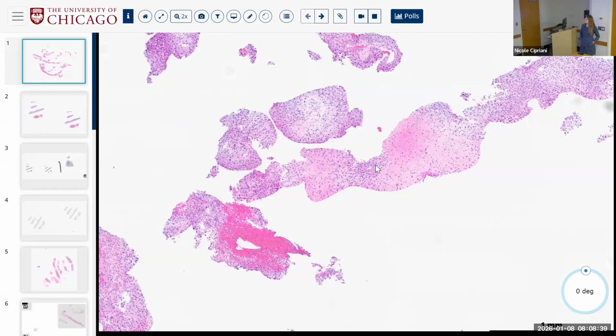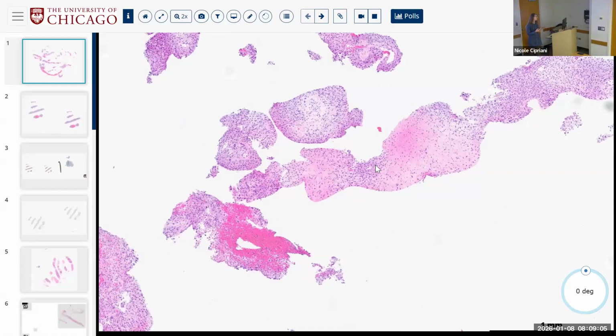In your differential of malignant spindle cell neoplasms, a lot of times we are more often trying to prove what it is not than prove what it is, because sometimes the diagnoses of these high-grade soft tissue tumors are diagnoses of exclusion, with morphologic clues as to what they may be.